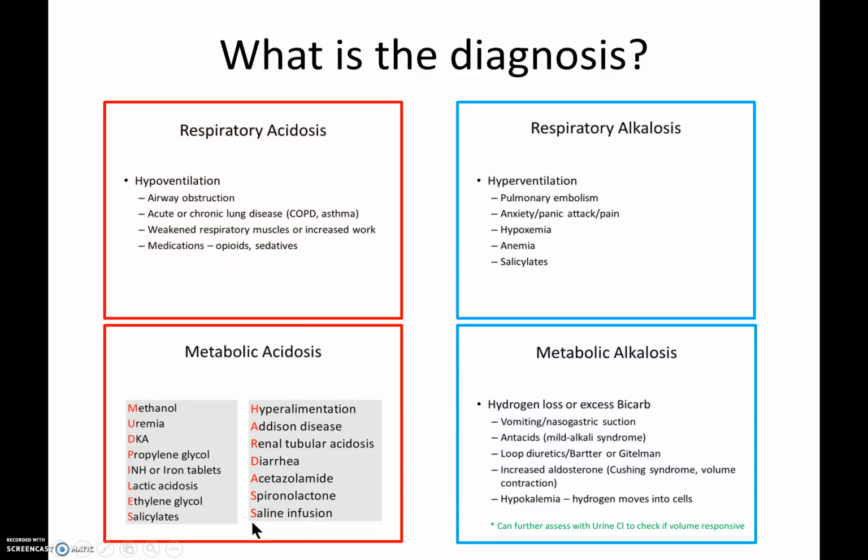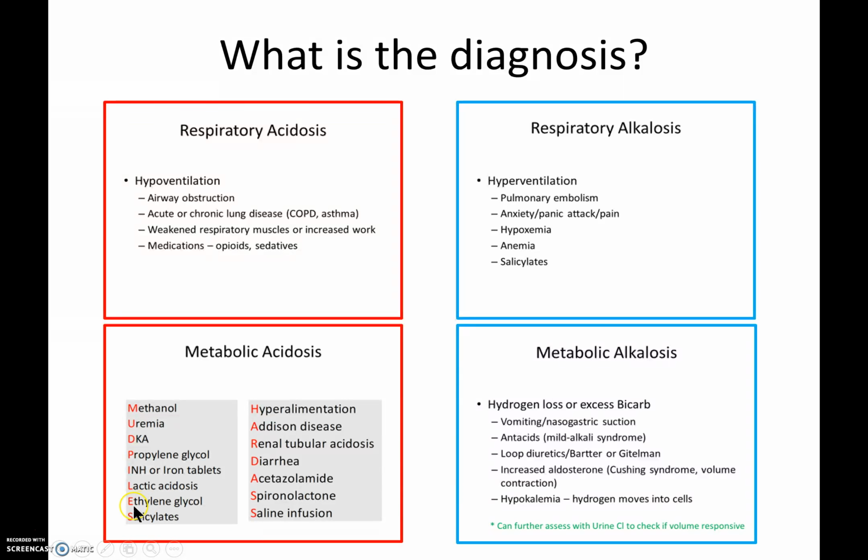And then for metabolic alkalosis, something helpful to remember is that it can be volume responsive or volume unresponsive. And if they provide you with a urine chloride, that can help you determine which one it is. So if the urine chloride is below 20, you can assume it's probably a volume responsive primary disturbance.